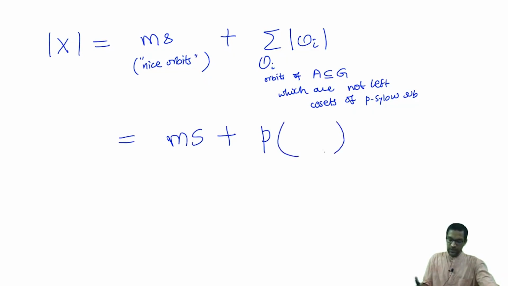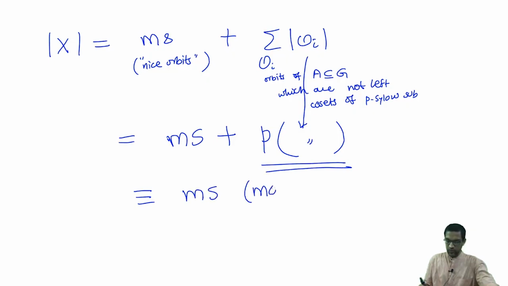So this is a multiple of P. Each orbit here has cardinality which looks like P times something. So this part is divisible by P, so I can ignore it when I am looking at congruence modulo P. So I conclude that the cardinality of X is therefore congruent to m times S modulo P, where S is the number of Sylow subgroups.